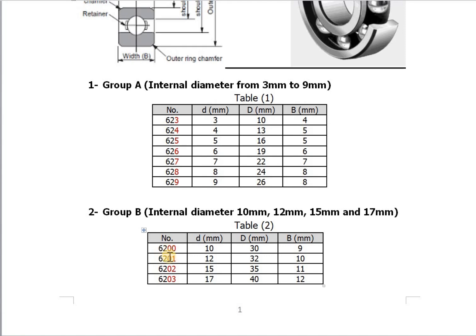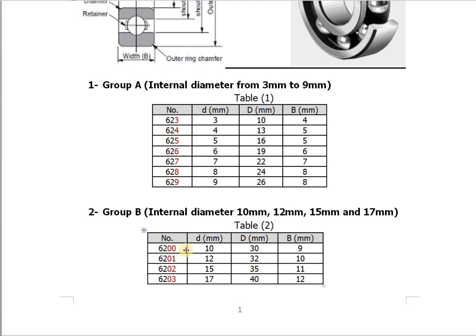The 2 digits to the right indicate the dimension of the internal diameter. 00 means 10 millimeter diameter. 01 means 12 millimeter internal diameter. 02 means 15 millimeters internal diameter. And 03 means 17 millimeters internal diameter.